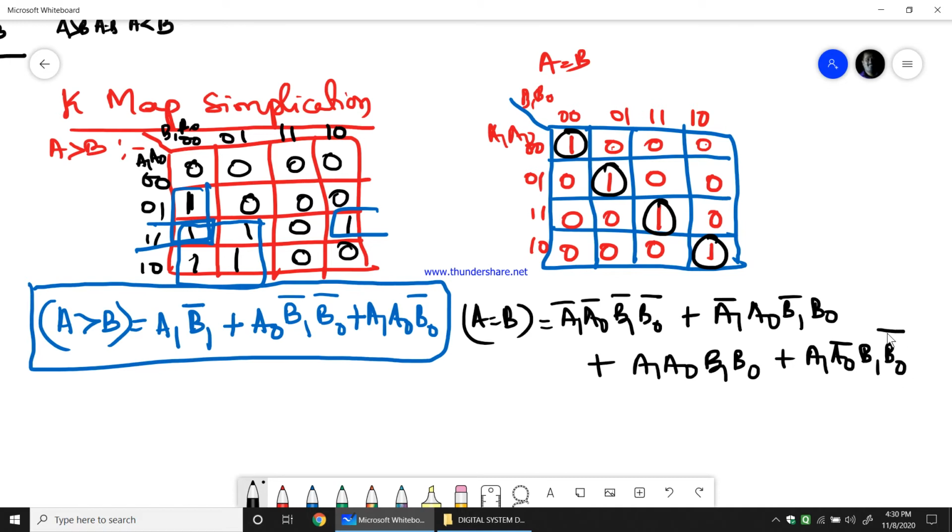So here let us see what is the common we can take here. In this and this I'll take A0 bar B0 bar common.